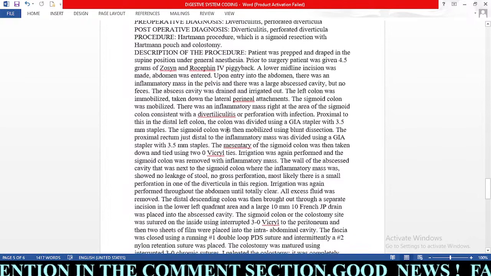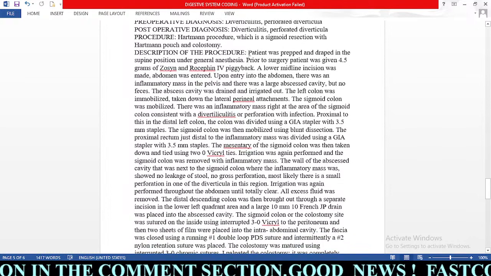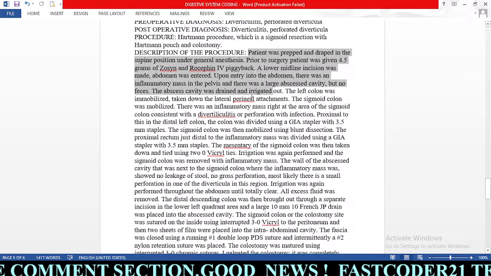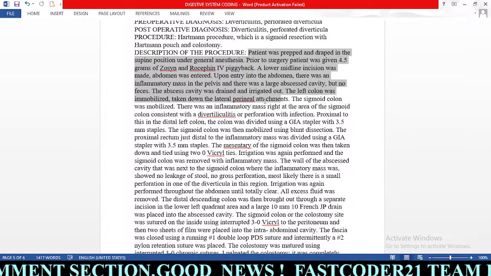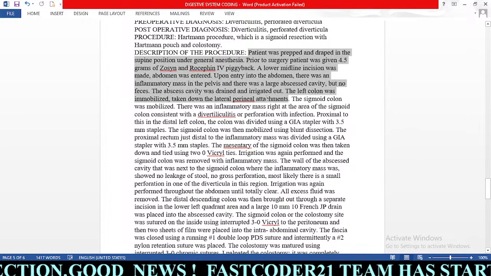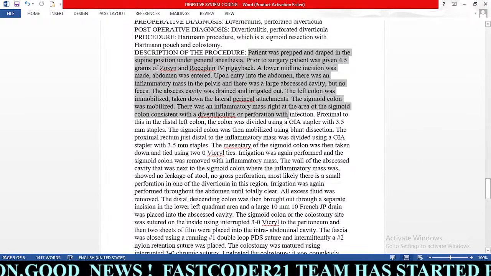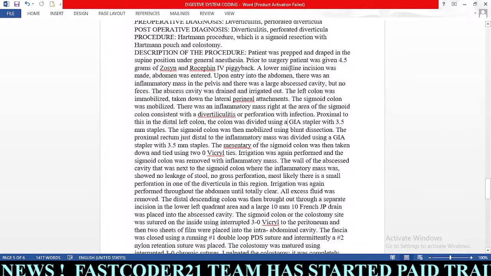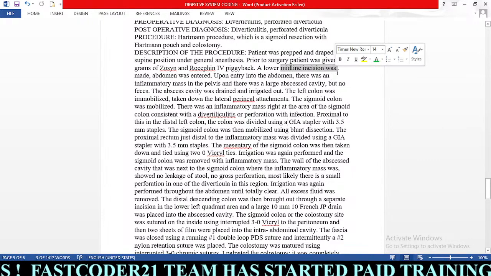First of all, in this report, we need to find whether it is an open procedure or a laparoscopic procedure. In order to find that, we need to check the first few codes. Here it is mentioned as an open procedure. See here, the physician has created the incision.